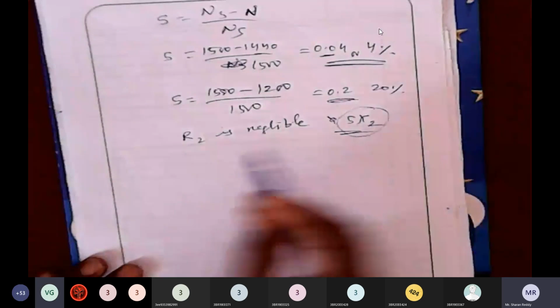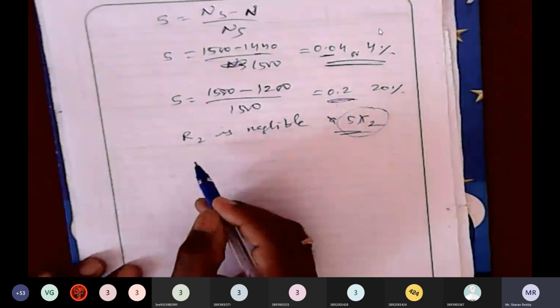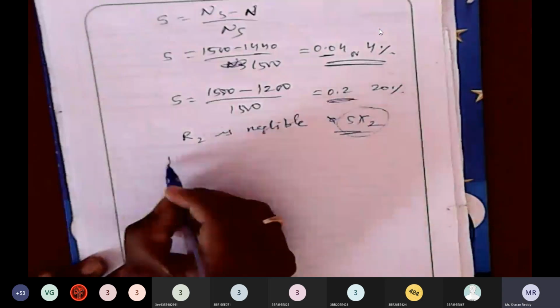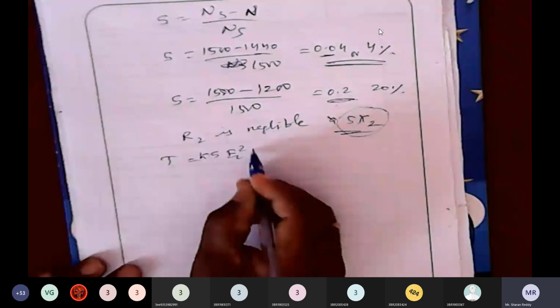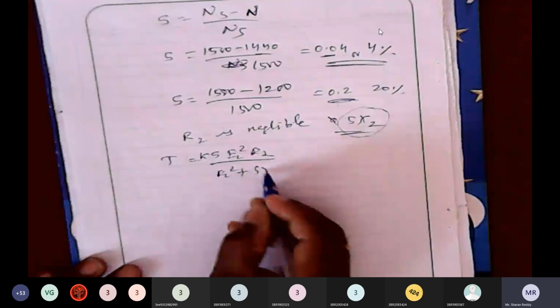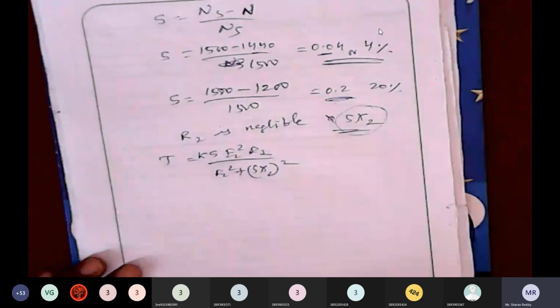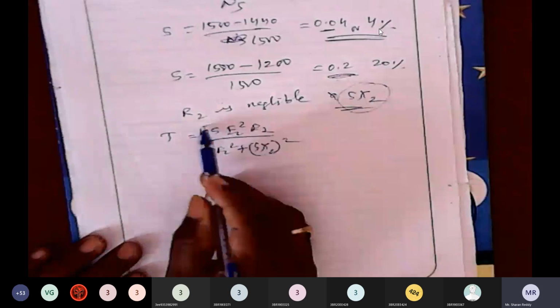But as you increase the load, R2 becomes negligible and Sx2 is considered. In the torque equation, K S E2 square R2 by R2 square plus Sx2 square whole square, K and E2 are constant, and R2 is neglected here.